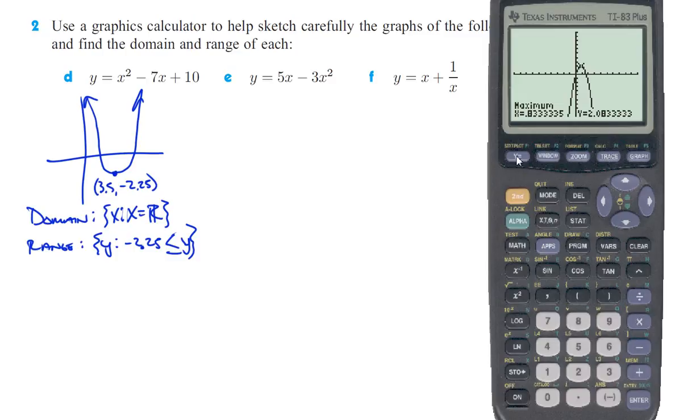2.08. That is a ridiculous one. 5x minus 3x squared. Just making sure I had the right one there. Oh no, I lost my maximum. Okay, enter. I'm past it. Enter, enter.